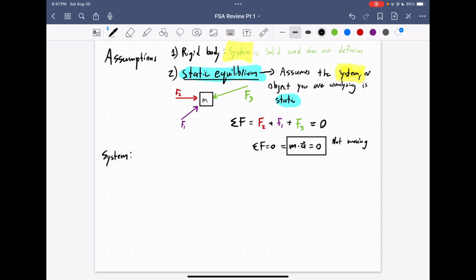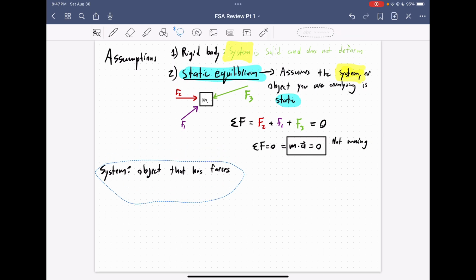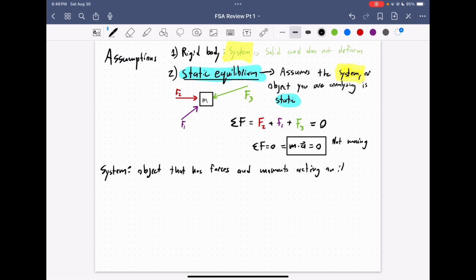I apologize for my writing, but I am speaking out my sentences, so that should counteract the pain of trying to read it. So the system can be defined in many ways. I like to define it as the object that has forces and moments acting on it.